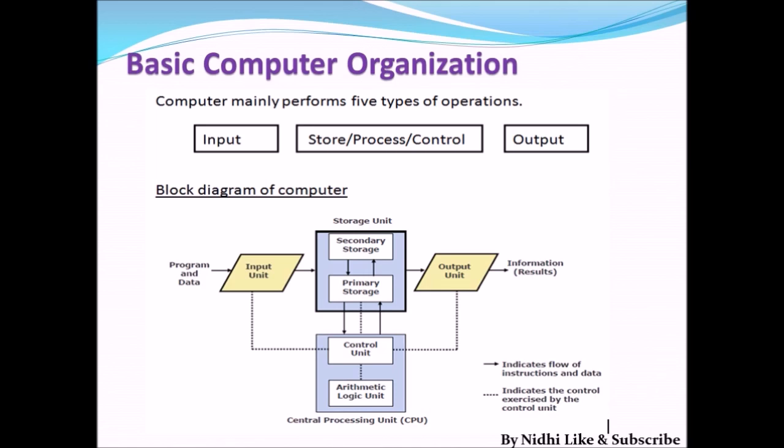Then according to the instructions, the control unit and ALU process the data. After processing, the result is provided to the output device to show the information. Data is the input, and the processed form of data is known as information, which we receive from the output device. This shows the block diagram of a computer.